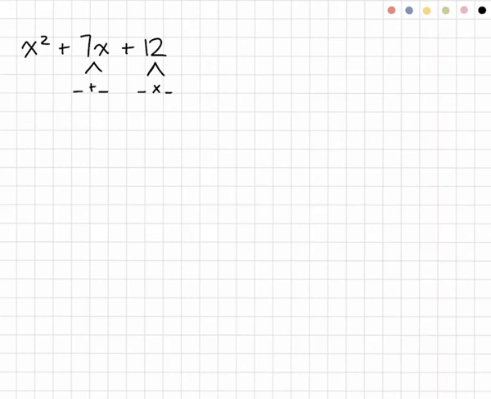So if you want to write it over here, I have to find two numbers that when I add them equal b, and those same two numbers that when I multiply them equal c. So let me show you how I set up my little chart here. I'm going to rewrite this.